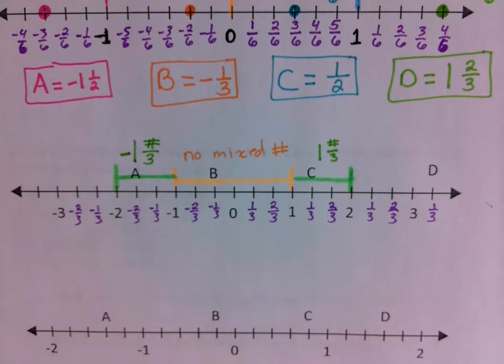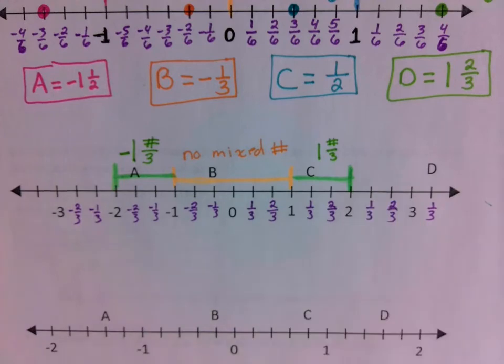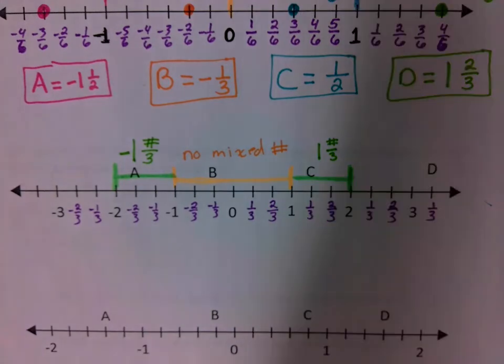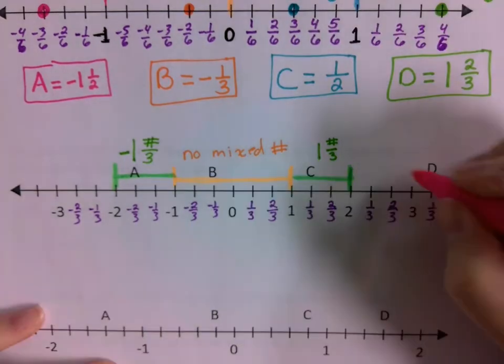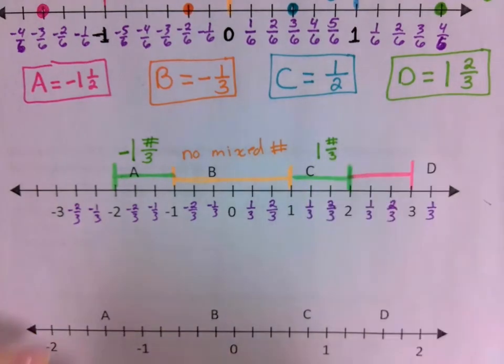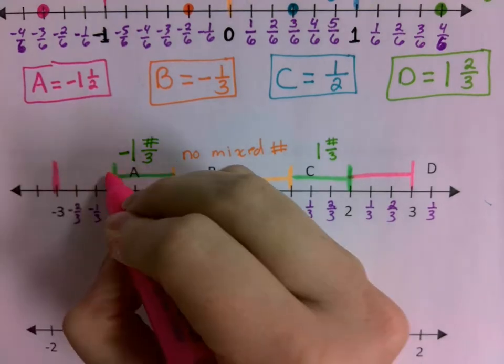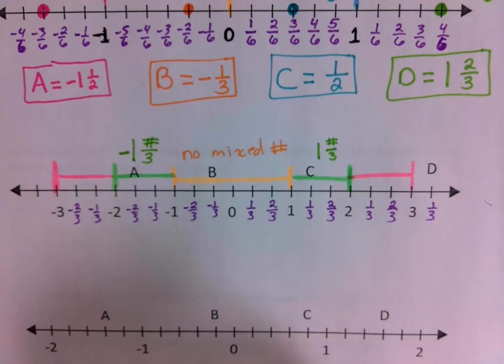What about the values between 2 and 3? From the 2 mark to the 3 mark, what kind of mixed number or whole number value are they going to have? What whole number value are they going to have if it's greater than 2 but less than 3?